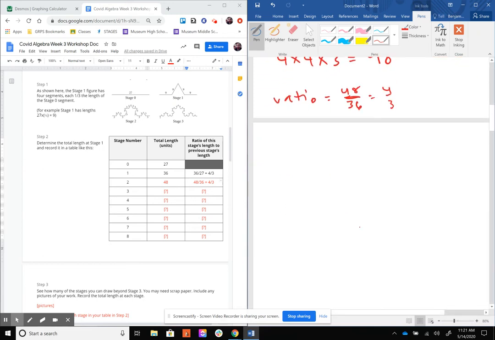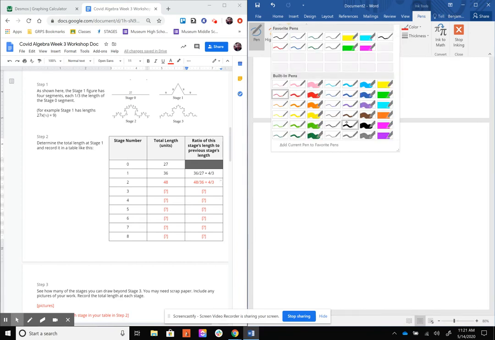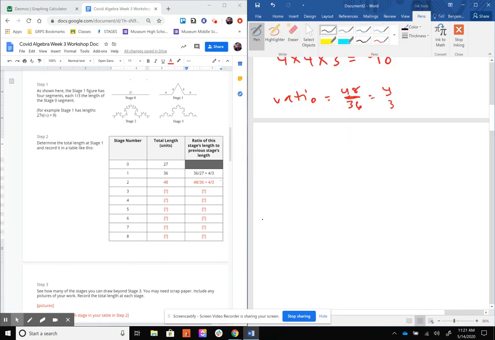You might practice going from stage 2 to stage 3. If I were a better artist. All right, so this is our stage 2, and we're going to do the same thing. We're going to take our thirds, and we're going to make thirds of those. These are each segments of 3, but we're going to start cutting them.